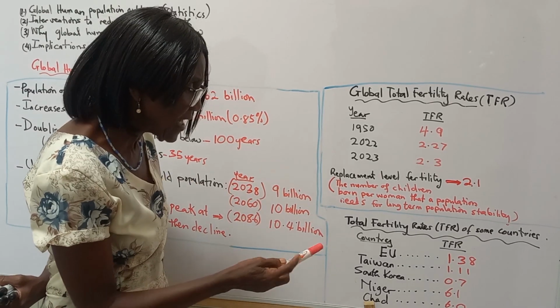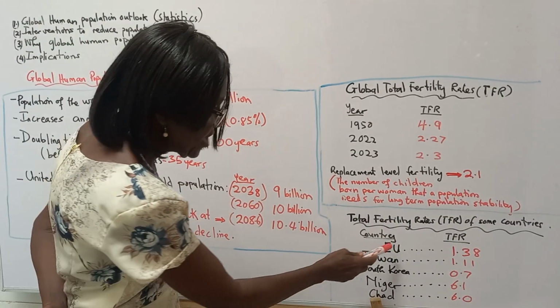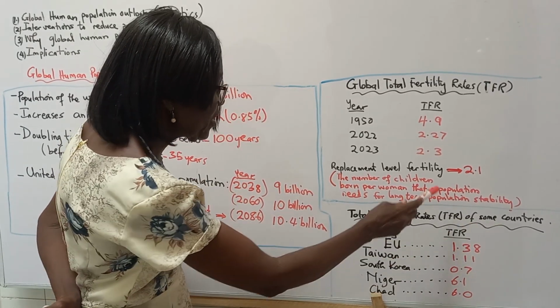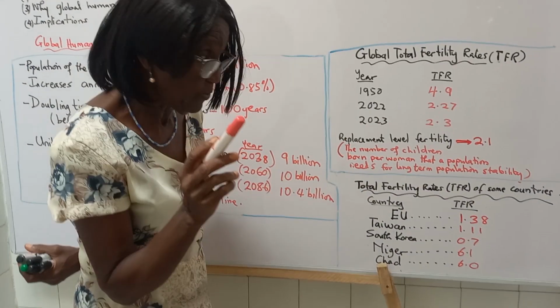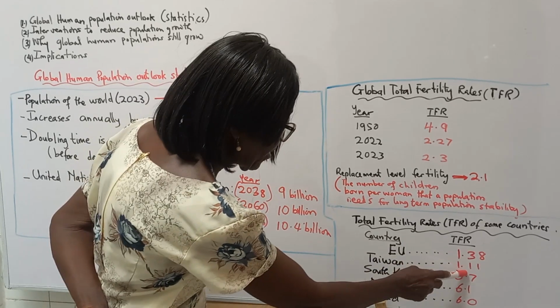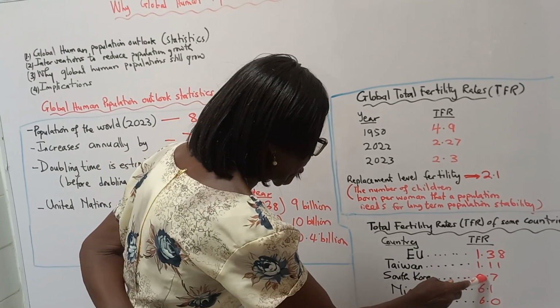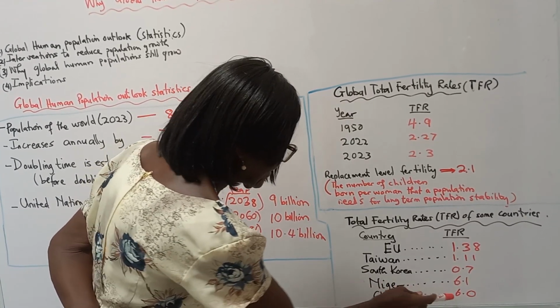But then let's look at the fertility rates of some countries. Now, the EU, the fertility rate is 1.38, below the replacement level fertility, and yet the population is not stable. We'll find out why. Taiwan is 1.11, South Korea is the least, 0.7, Niger is 6.1, Chad is 6.0.